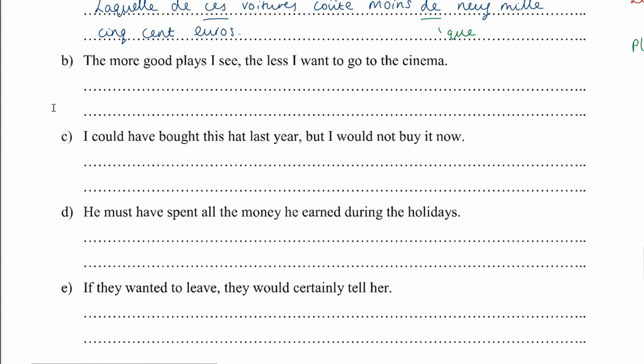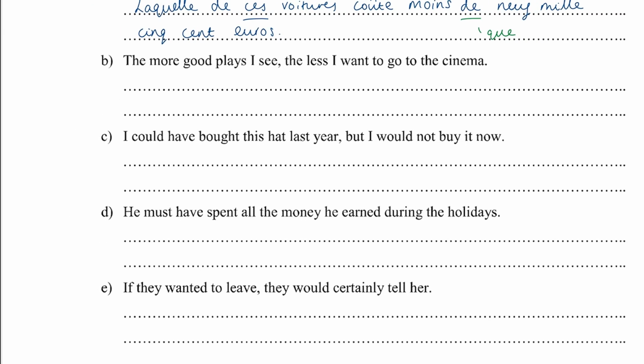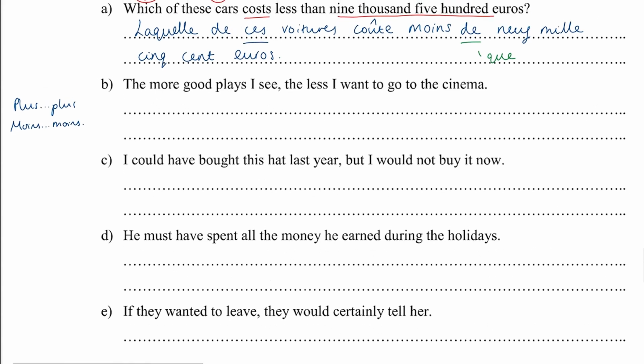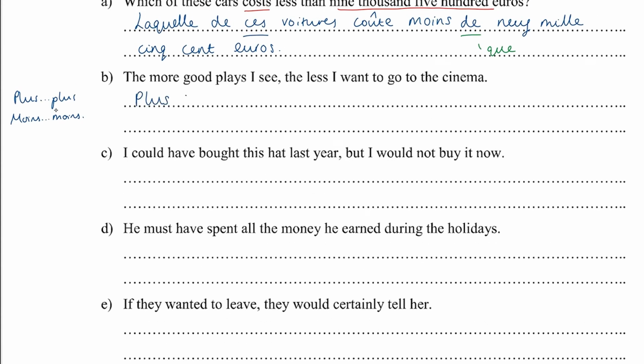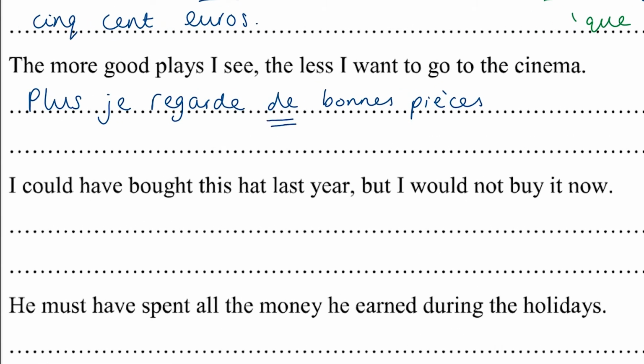Next sentence, you just need to learn this formula. The more you do something, the more something else happens. It's just plus, or moins, or a combination thereof. So you say plus je regarde de bonnes pièces, you might be saying, well, why is this de here? It's plural.